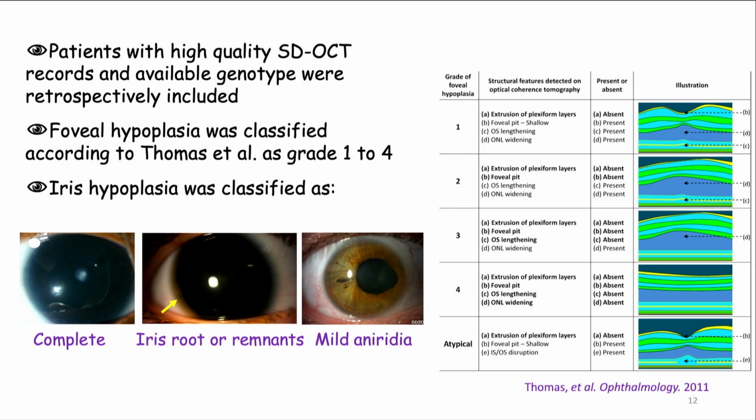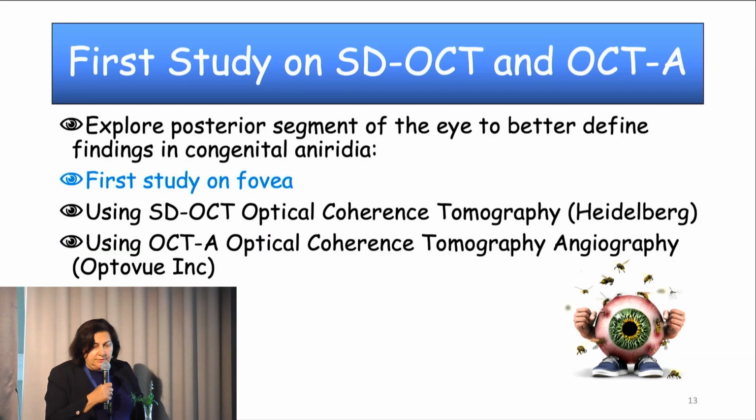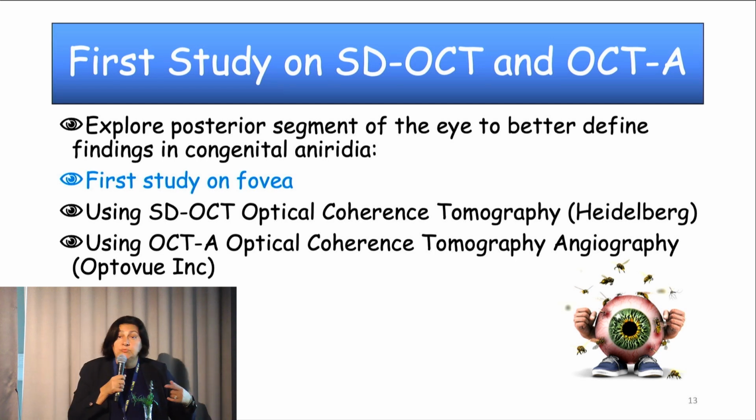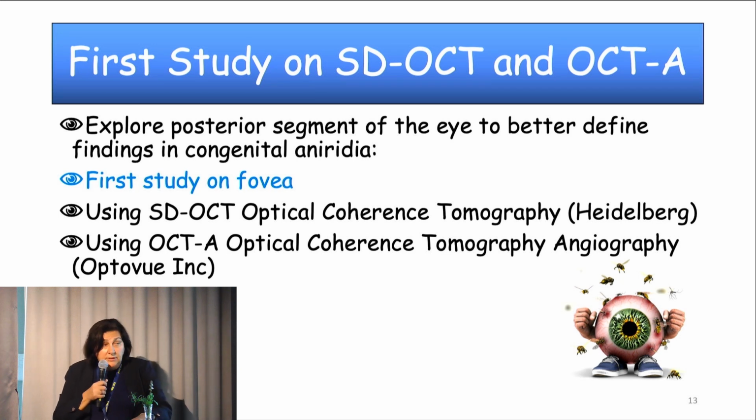You have the grading of Thomas and Irene Gottlob on the right. And also we classified the iris hypoplasia. This first study was on the fovea, using both classical OCT and OCTA. And of course, OCTA is much more difficult to get also because of the nystagmus, because of the fixation.